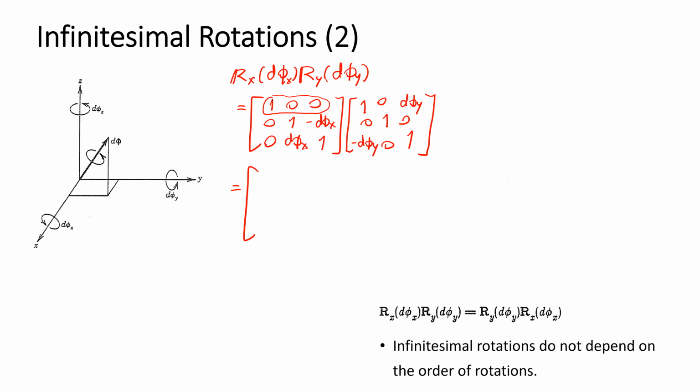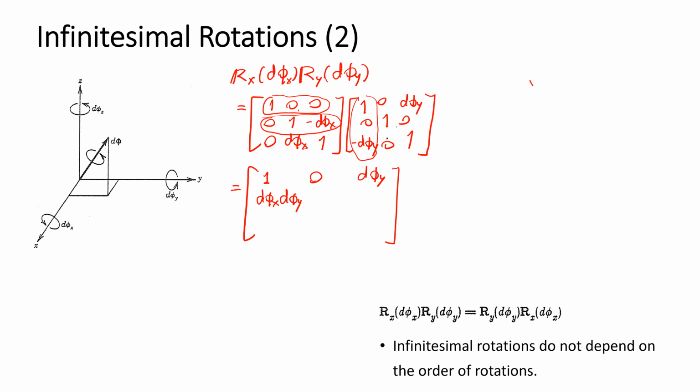This row, first row to first column has 1. First row to second column has 0. First row to third column has d phi y. Second row to first column has d phi x, d phi y.